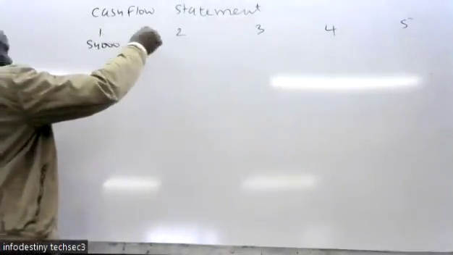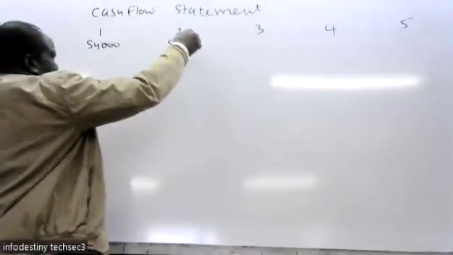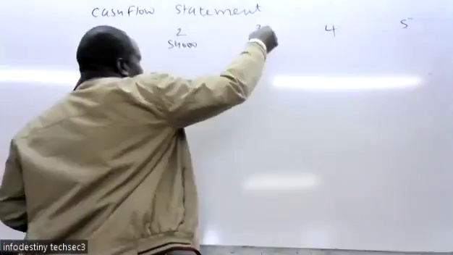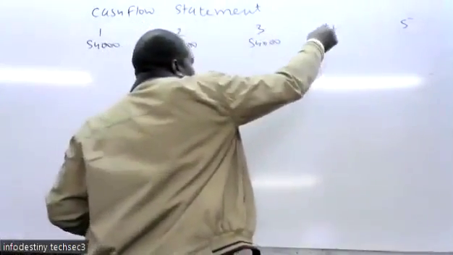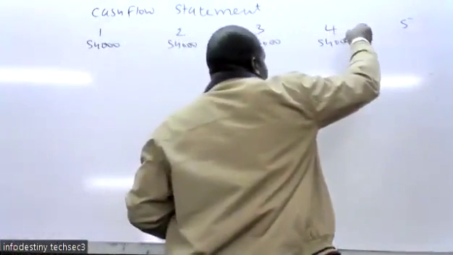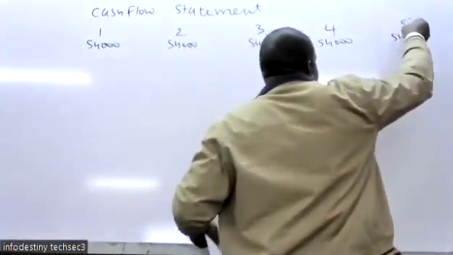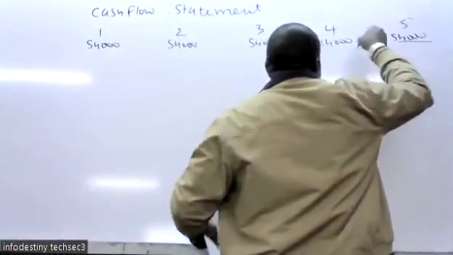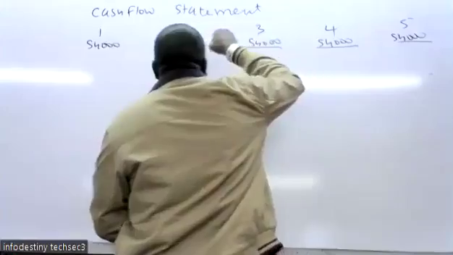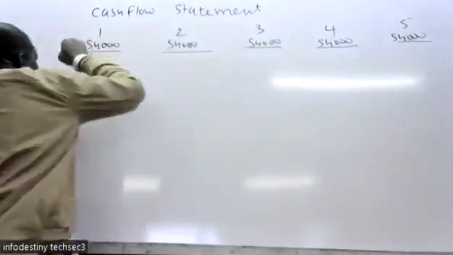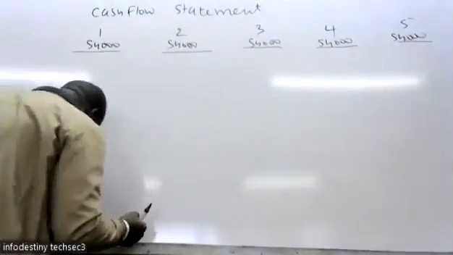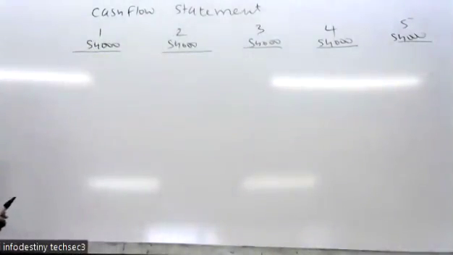I will put 3 zeros at the top. So we start off with the sales revenue.